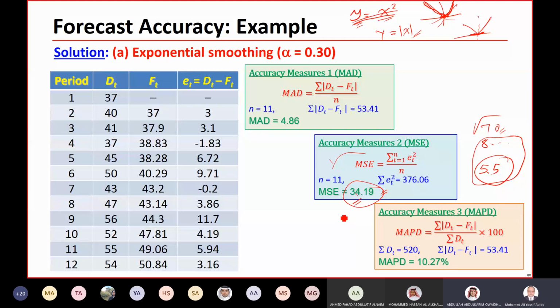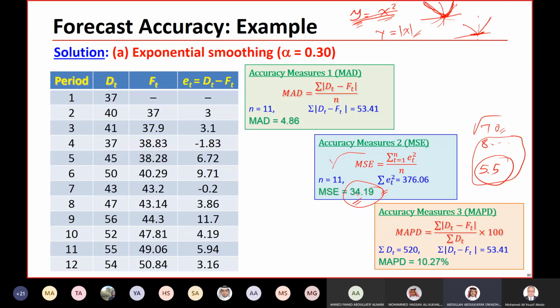Is it clear? Maybe if we took the square root, we can compare the MAD with the MSE, because they will both be representing the difference between this number and 0. For example, the MAD is 4.8, which means most of the points are 4.8 far from the right point, or the accurate point.